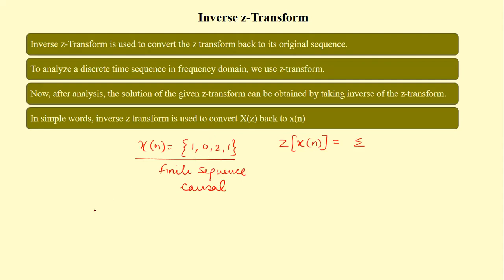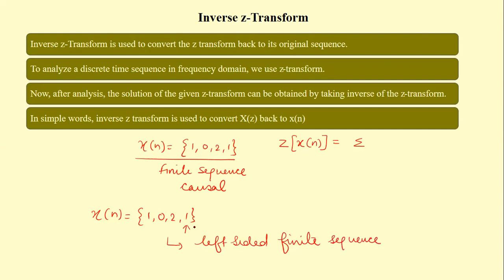For example, if you have the same sequence, and if an arrow is given at this point, then this is a left sided finite sequence, right? This is a non causal sequence, right?